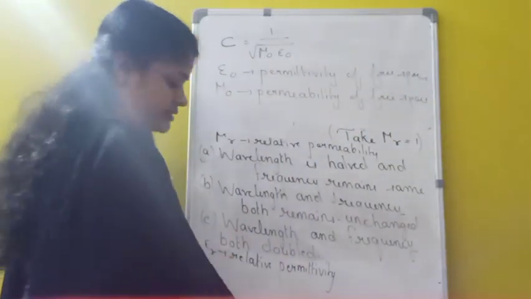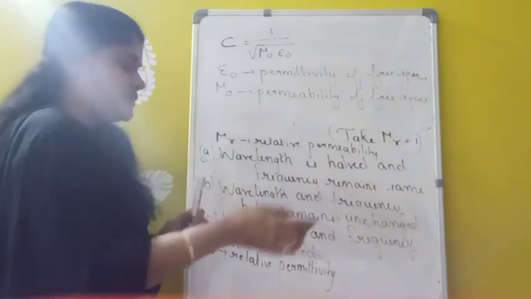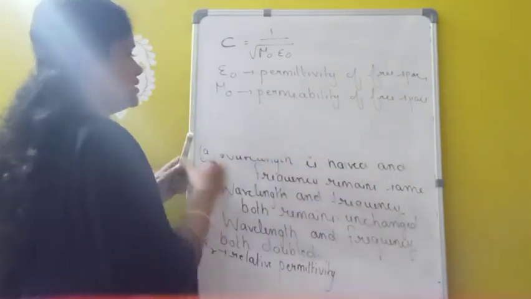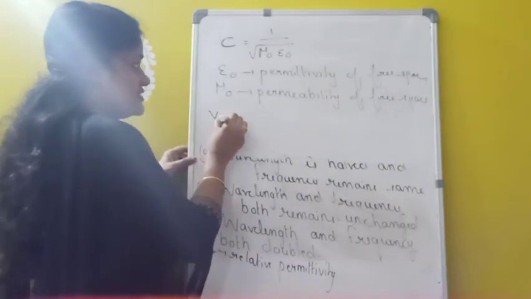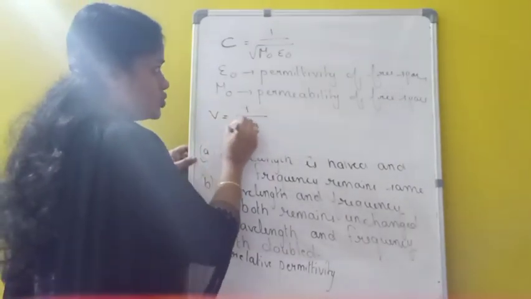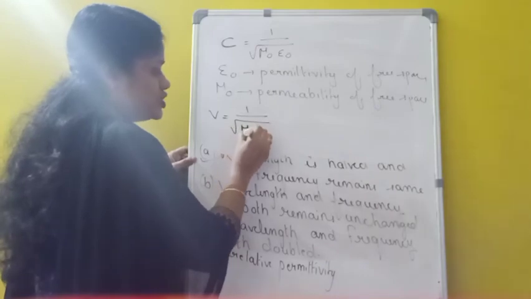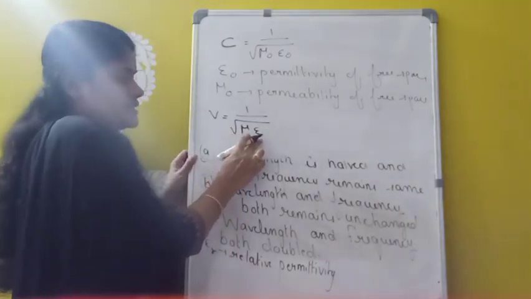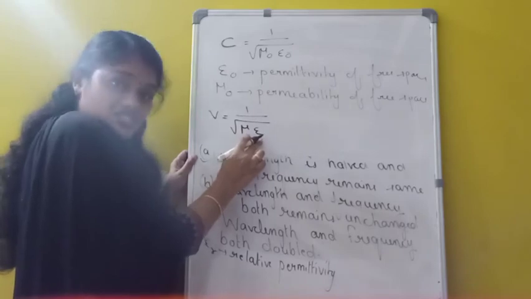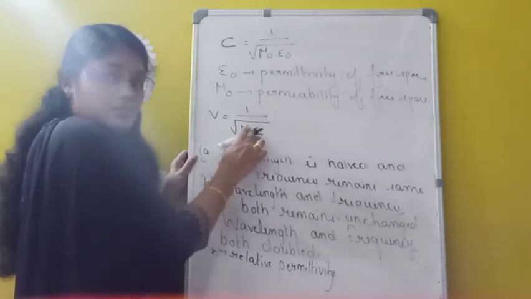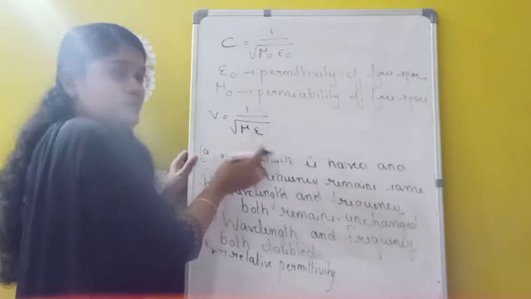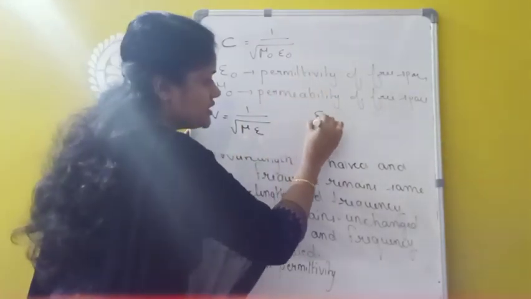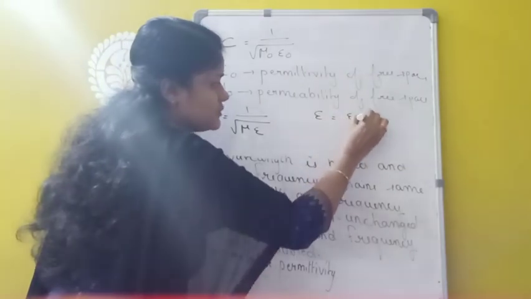Suppose you are writing the speed of light in any medium, how will you write this formula? The speed of light in any medium, V, is given by 1 by root of mu into epsilon. This mu means the permeability of the medium and epsilon is the permittivity of the medium. But we have the formula epsilon equals epsilon 0 into epsilon r.